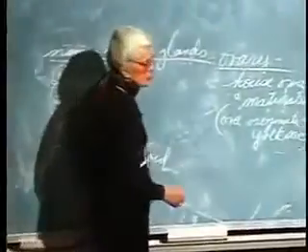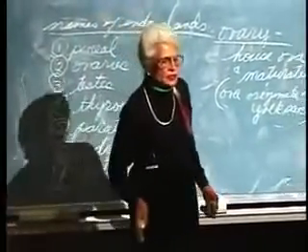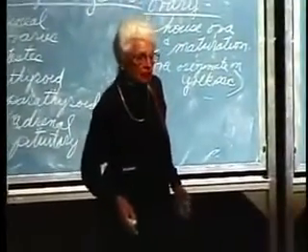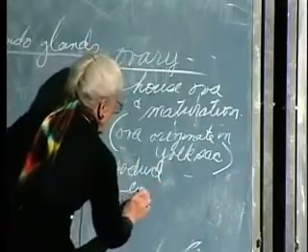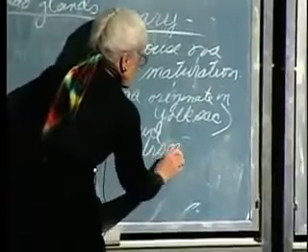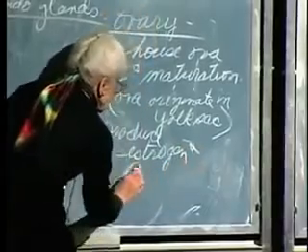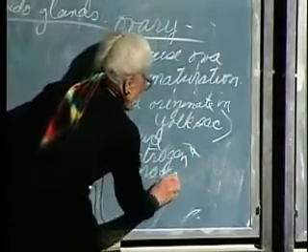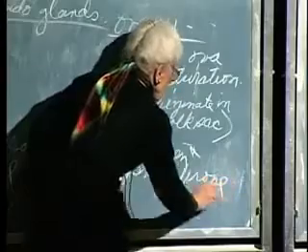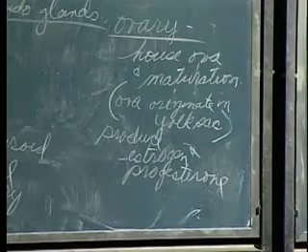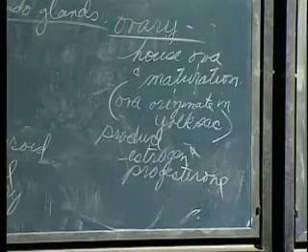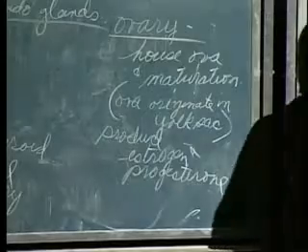We produce two hormones here. What are the two hormones coming from the ovaries? Estrogen and progesterone. Produce estrogen and progesterone. Now, in contrast, the testes do produce the sperm. They'll mature elsewhere. We'll see when we develop it.